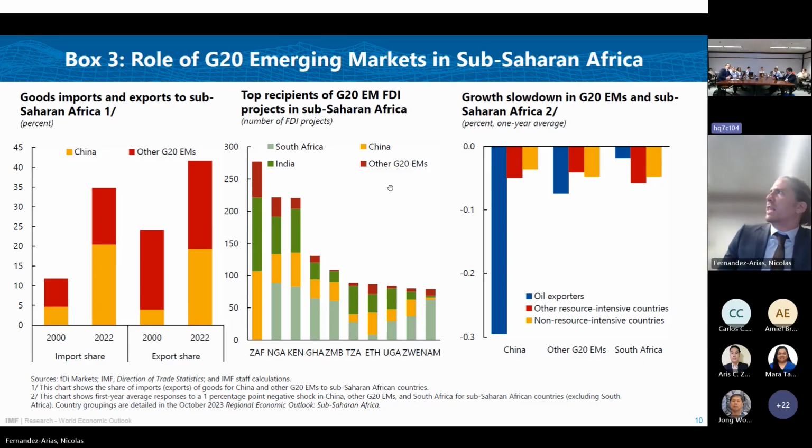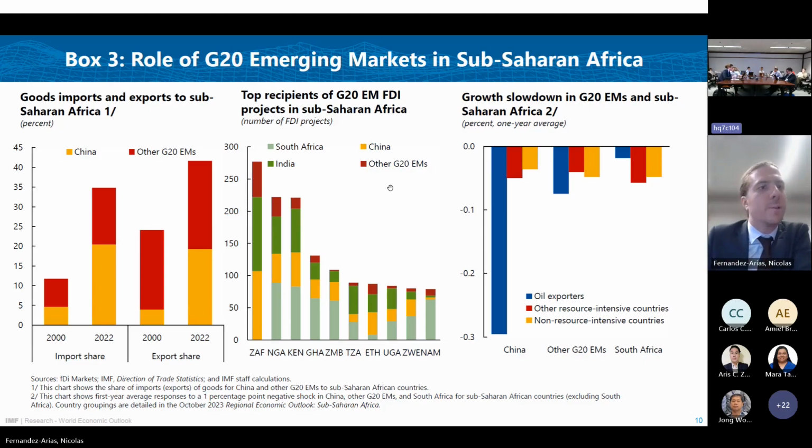And finally, on the right, we look at the impact of a negative shock in China, other G20 emerging markets, and South Africa on three different groups of economies in sub-Saharan Africa: oil exporters, other resource-intensive countries, and non-resource-intensive countries. And you see that China has a very large impact on oil exporters from a negative shock.